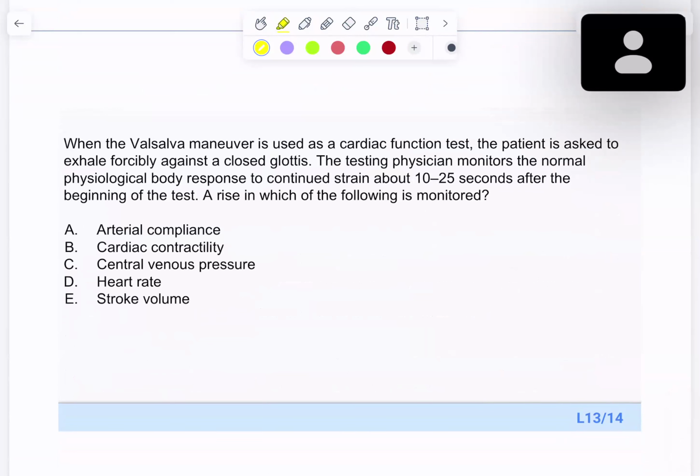A rise in which of the following is monitored? So most of you said D, but one of you said B.